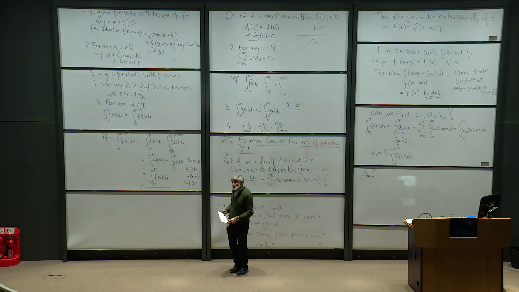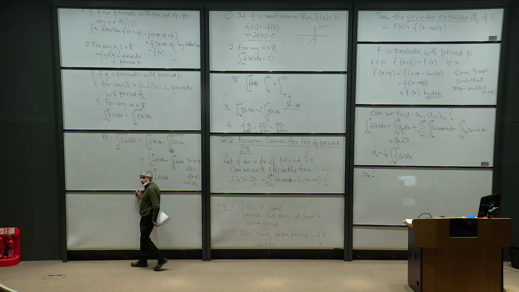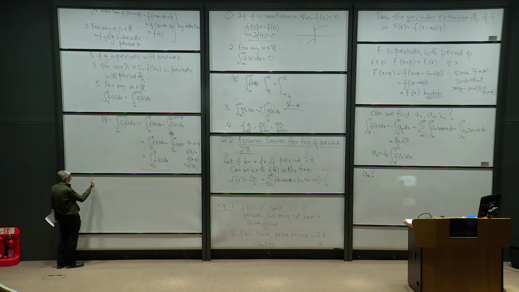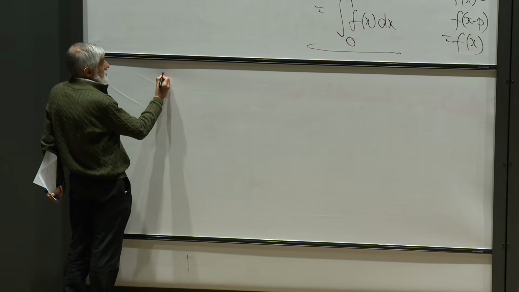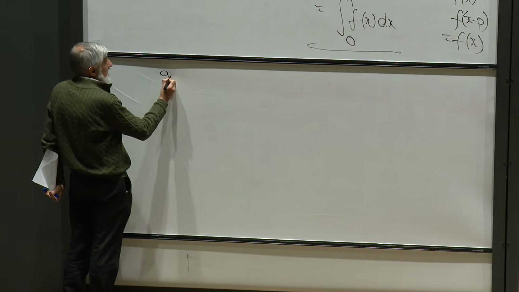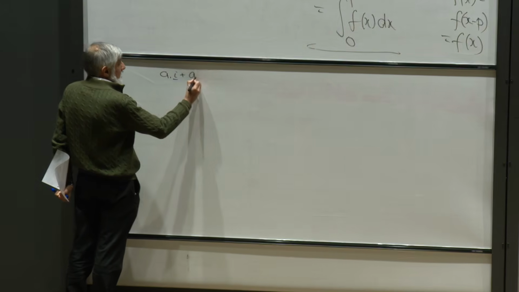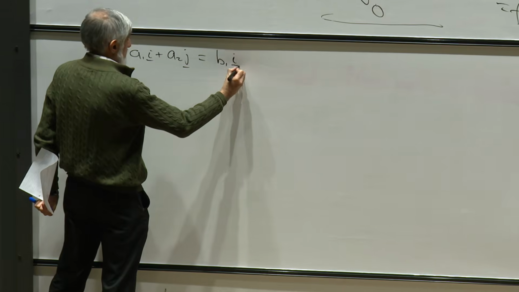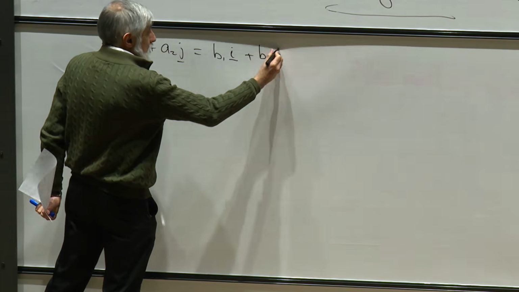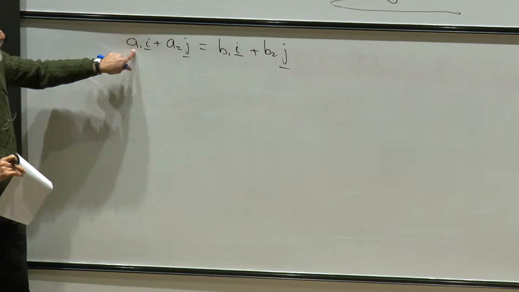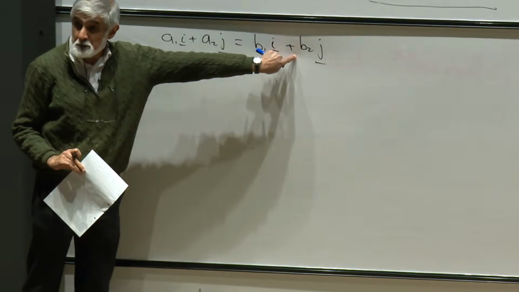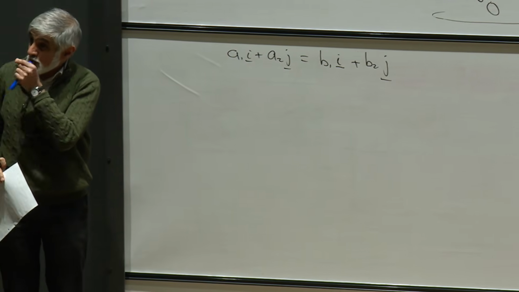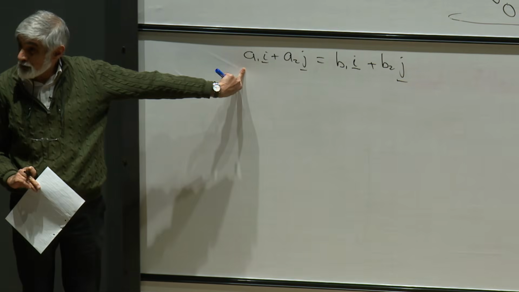Okay? So remember, go back to vectors. If you had a1 i plus a2 j equals b1 i plus b2 j, you know a1 is b1, a2 is b2, right? Strictly speaking, what you should do is take the dot product with i.